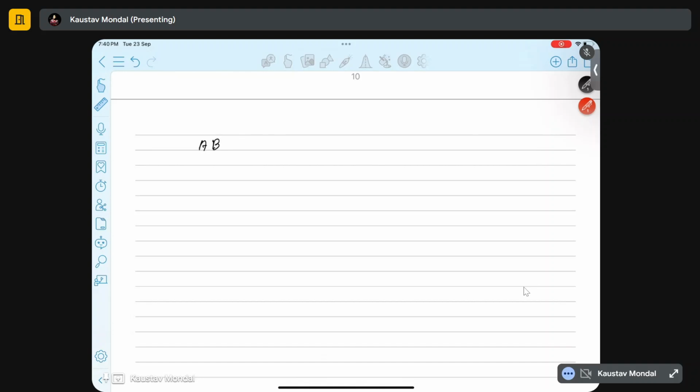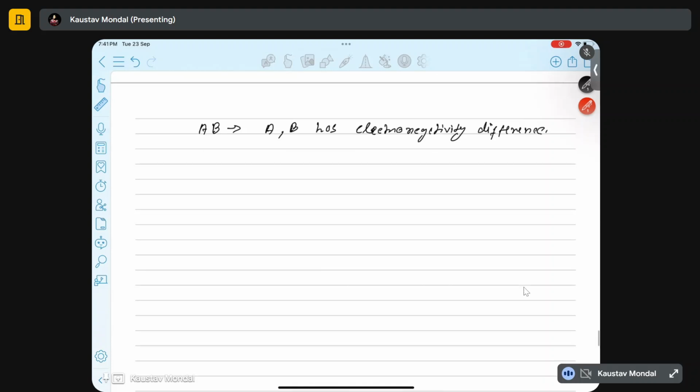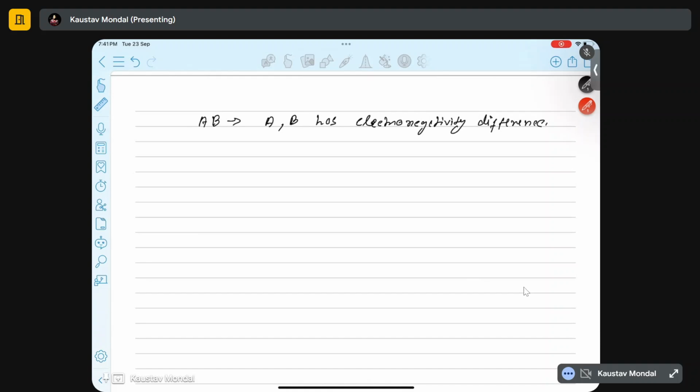Let's suppose A and B have an electronegativity difference. Okay, that means the system would be perfectly ordered.